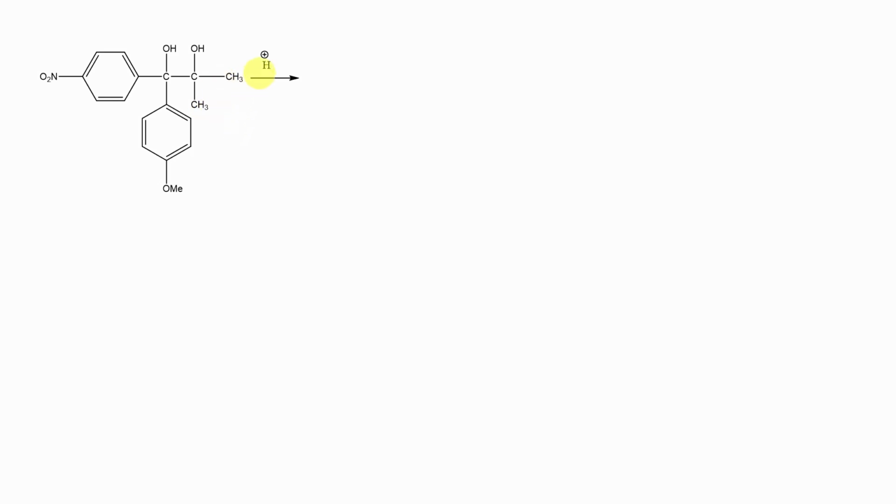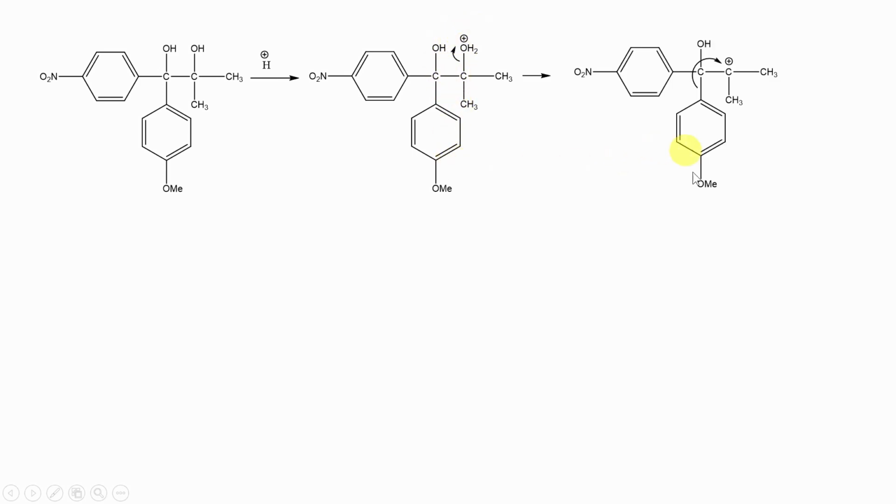And so naturally this hydroxy group gets protonated to form the corresponding carbocation by the elimination of water. You can see the mechanism here. This hydroxy group will be protonated first to form this protonated pinacol, and by eliminating a molecule of water, it gives this more stable carbocation.